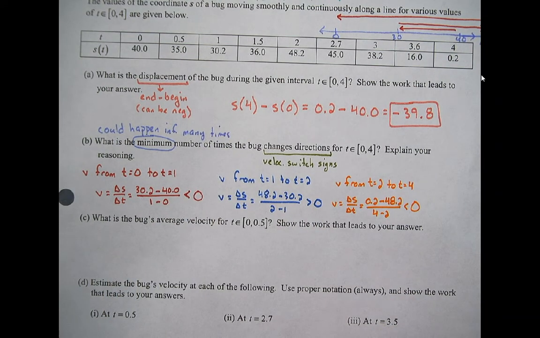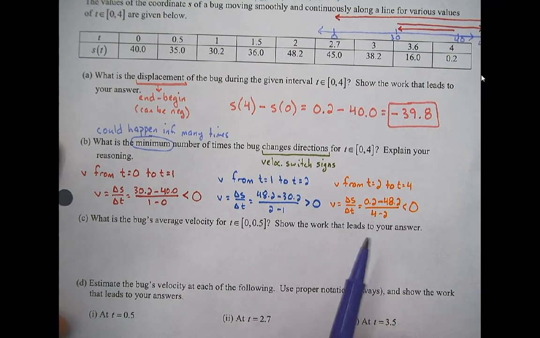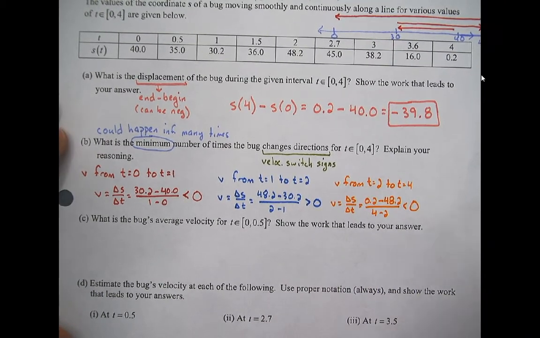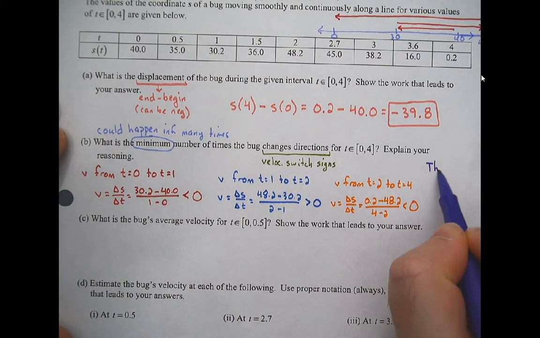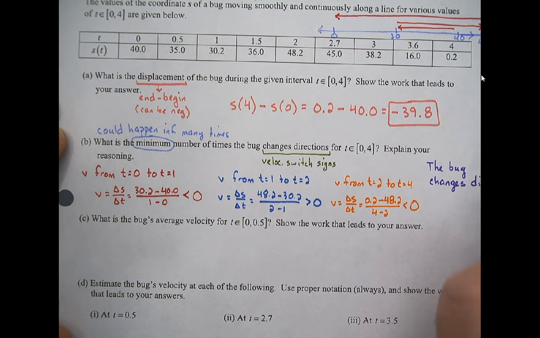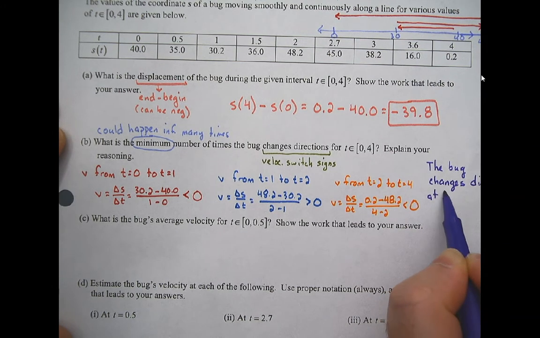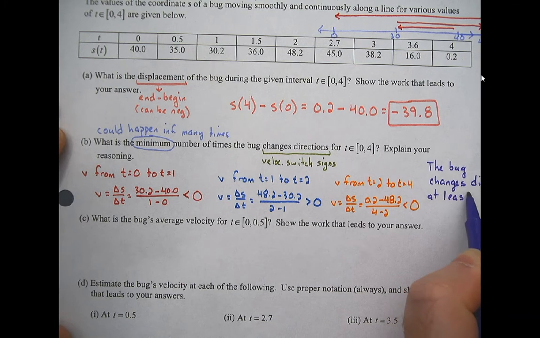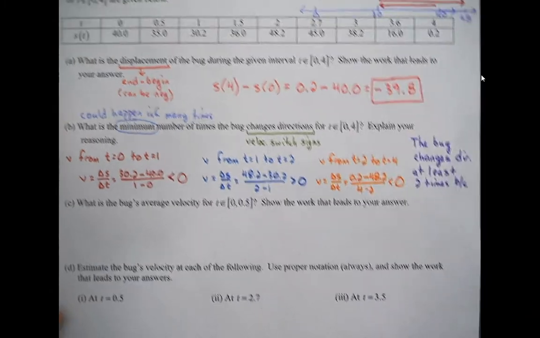Okay, so let's do a little write-up here. What do we want to say? We want to say something like: the bug changes direction at least 2 times because, what's our argument why?